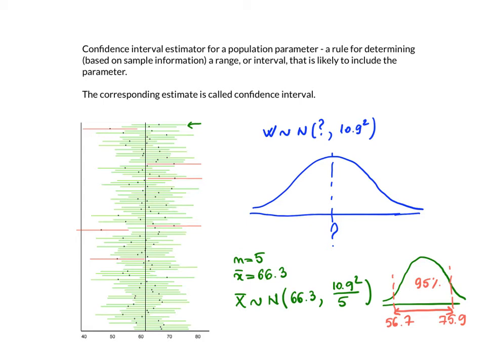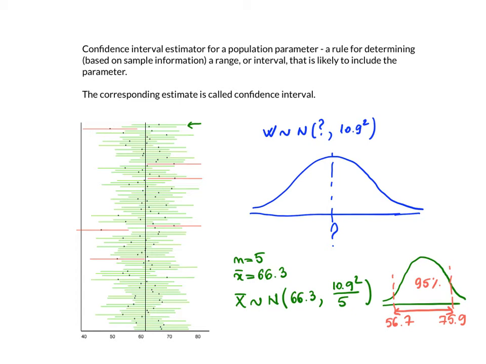The big idea here is that if we take repeated samples from the population and use the mean of each sample every time to construct a 95% confidence interval, in the long run, about 95% of these intervals succeed to contain the mean mu of the population. Remember that we don't really know what the mean of the population is.